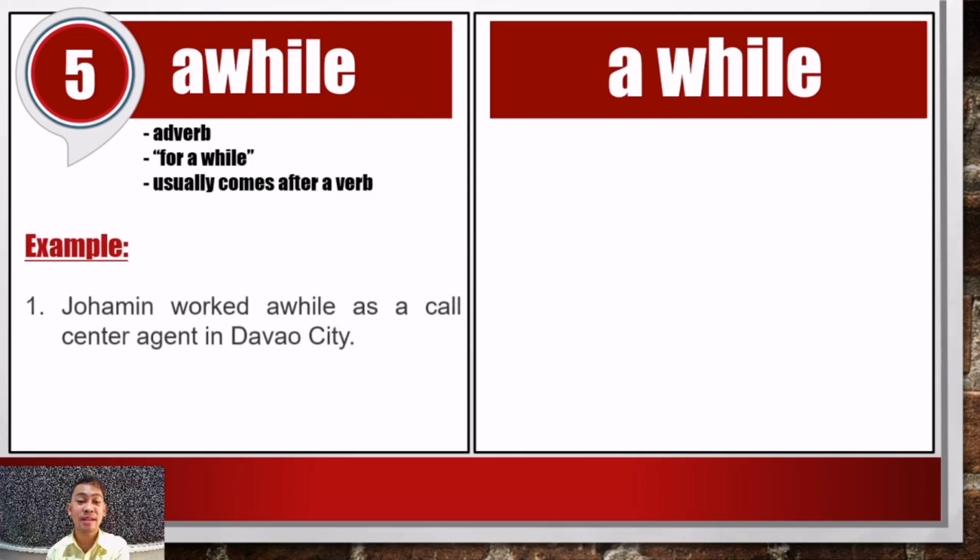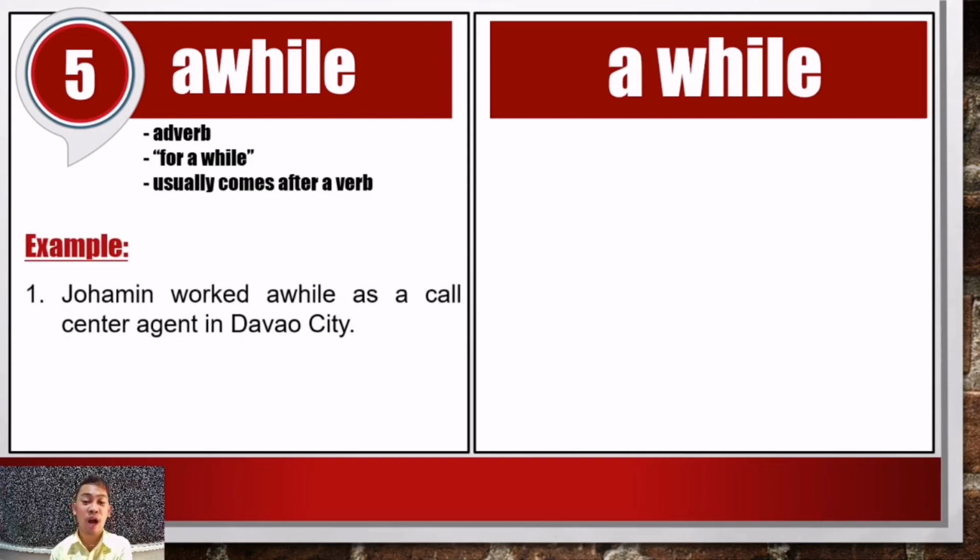For example, Jamin worked awhile as a call center agent in Davao City. As you can see there, the word that comes after the verb or the action word worked is the word awhile. So after the action word, you should use "awhile" as one word.